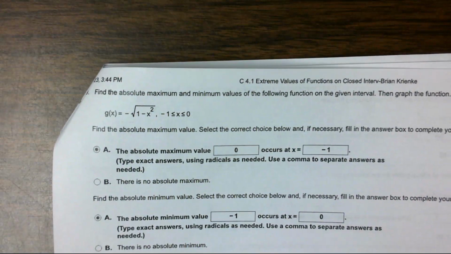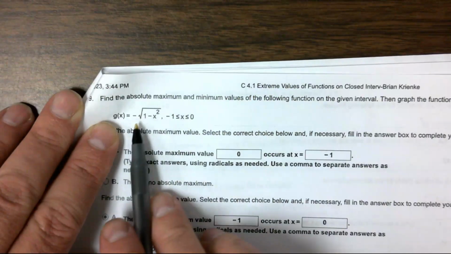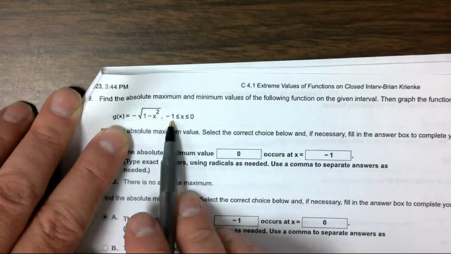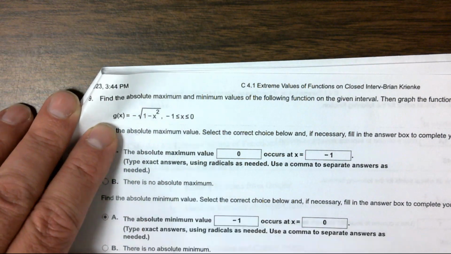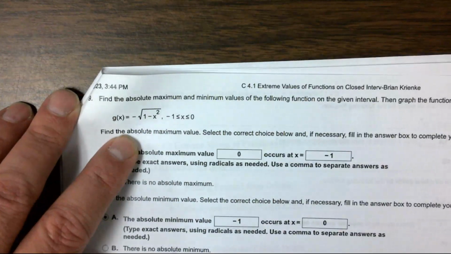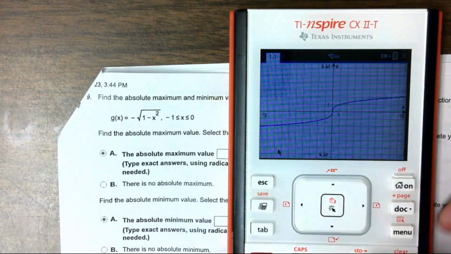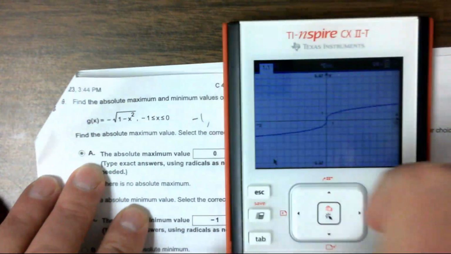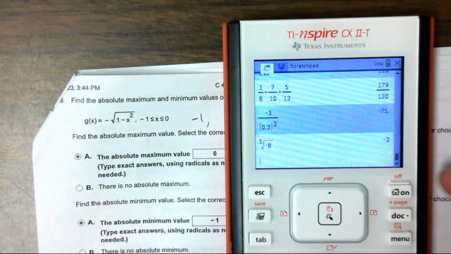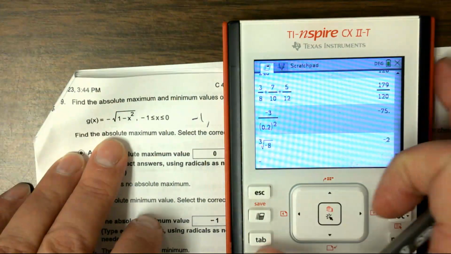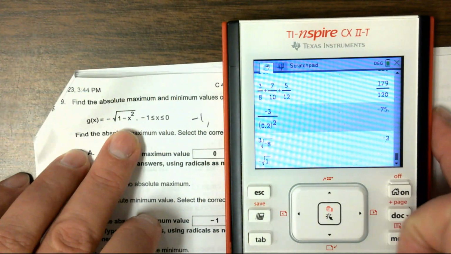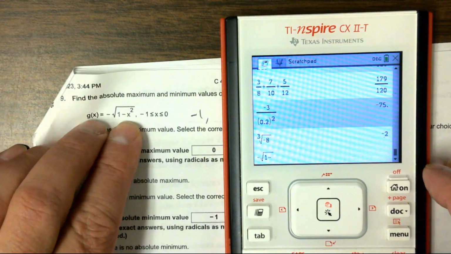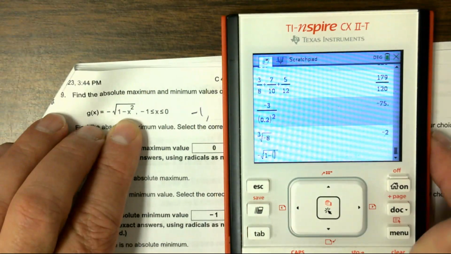Now on this one, we're reflecting across the x-axis, and we have a square root function, going from -1 to 0. So let's check our endpoints. When I go back to this, we go negative square root of 1 minus... Okay, notice we have a -1 and we're supposed to square it, so you've got to put it in parentheses.